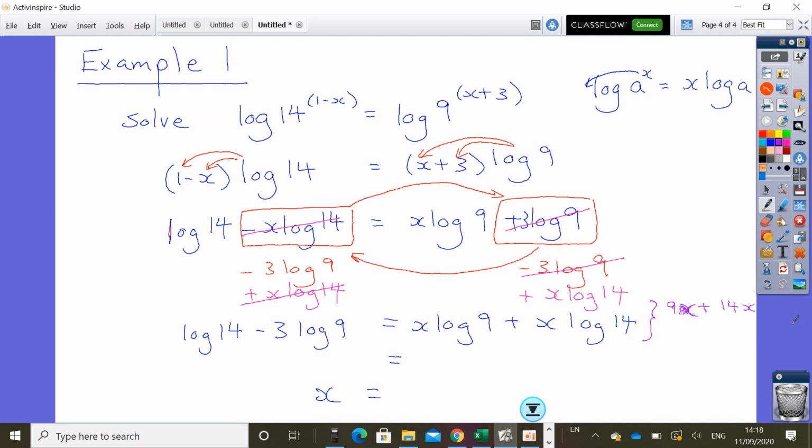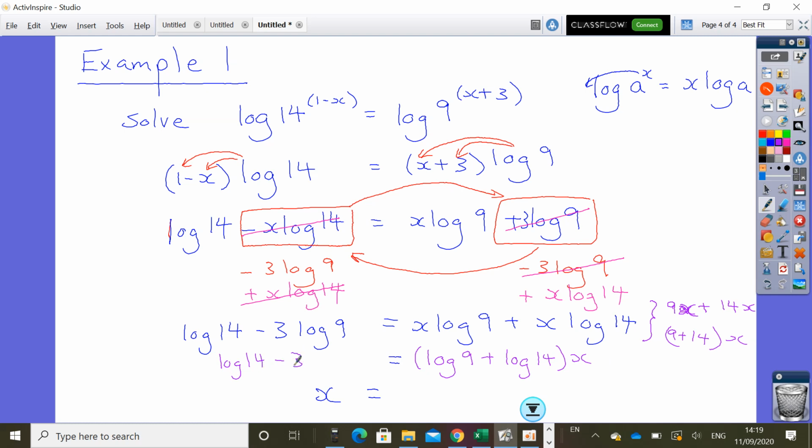You could then say, right, hang on, they're both x, so 9x plus 14x is 9 plus 14, times x, isn't it? So I can do the same here. That's basically my so-called 9, that's my 14, except I have to write the log. So I could write log 9 plus log 14, times x. And so this side stays the same.